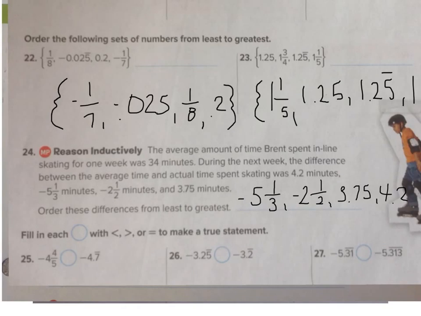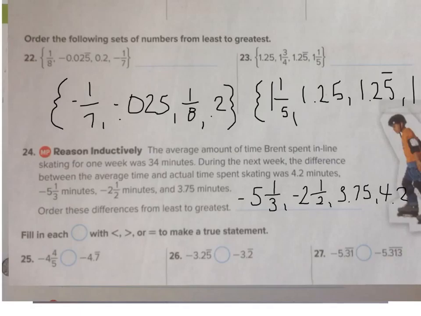24 is a word problem where you need to put the times in order from least to greatest. So very similar to the two above, it's just in a word problem. And so here, you can make them into similar forms.